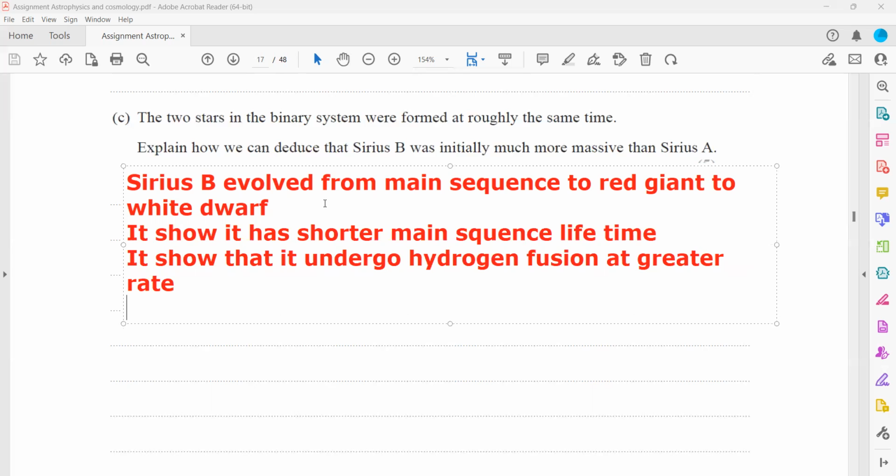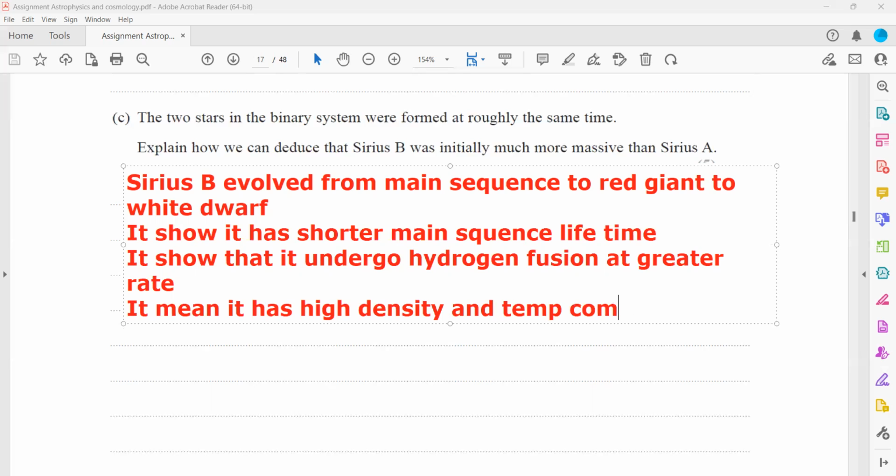And if hydrogen fusion happens at a greater rate, it means it has high density and temperature compared to Sirius A. And as a result, what will happen?